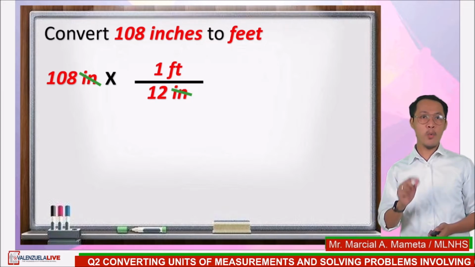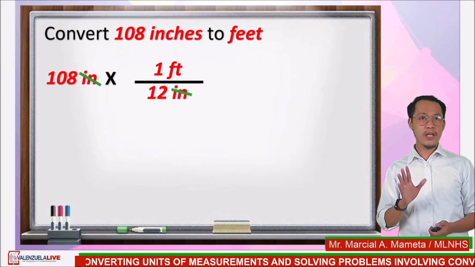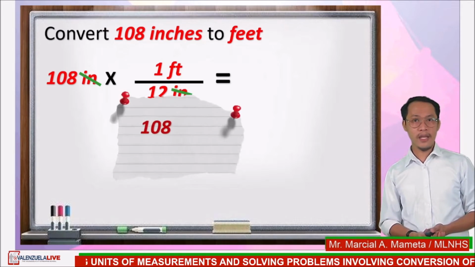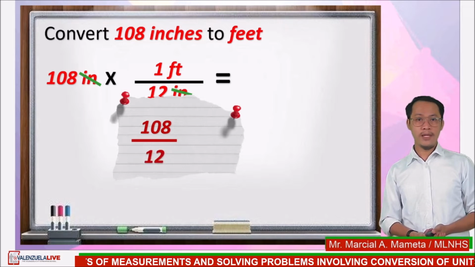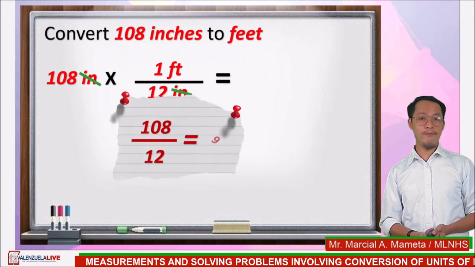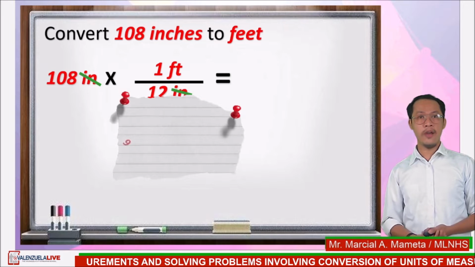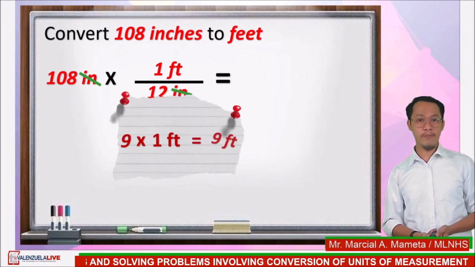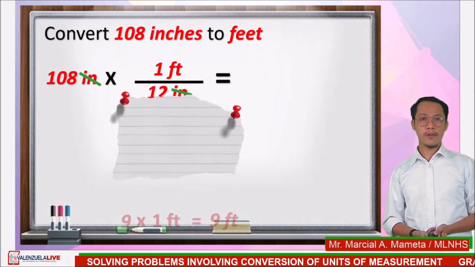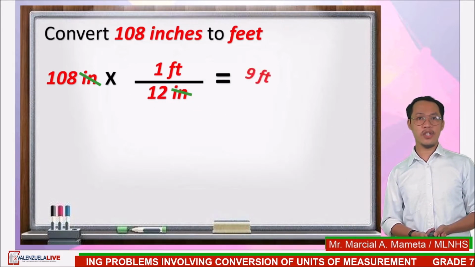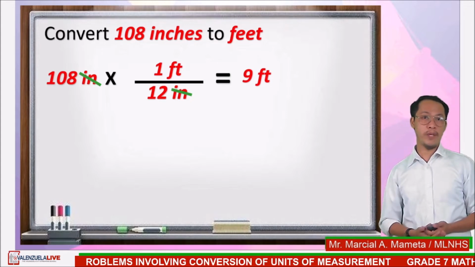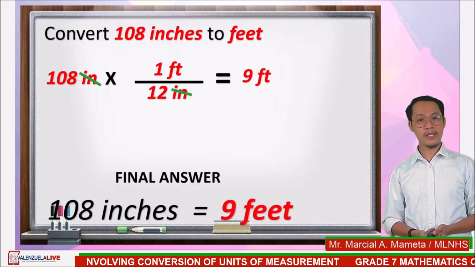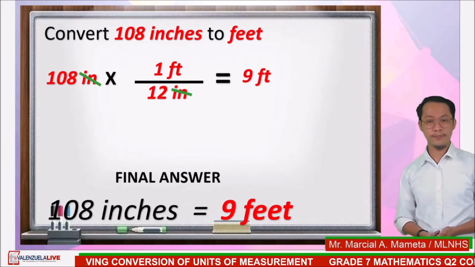We have 108 divided by 12, and that is equal to 9. 9 times 1 foot is equal to 9 feet. Therefore, 108 inches is equal to 9 feet. Can you follow? Again, 108 inches is equal to 9 feet.